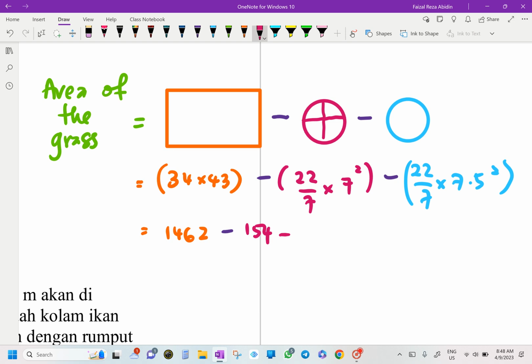I'm going to get 176.79. Right? Another student got 176.71. I got 176.7857, so I just round off to 176.79.